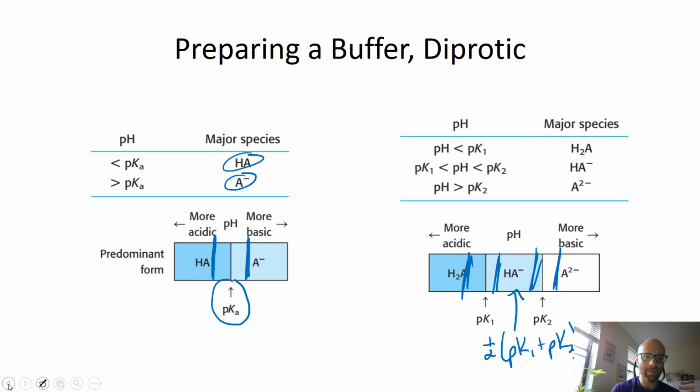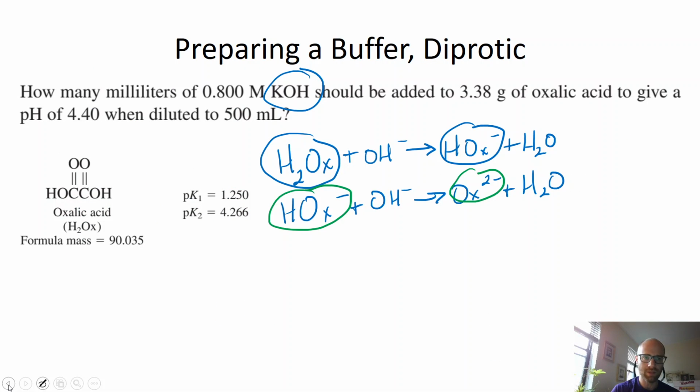So working my way back to the original problem, if we're adding KOH to 3.38 grams of oxalic acid, so we're starting with this H2Ox.